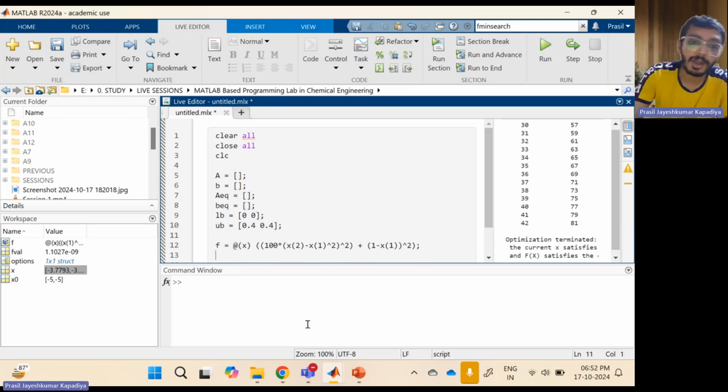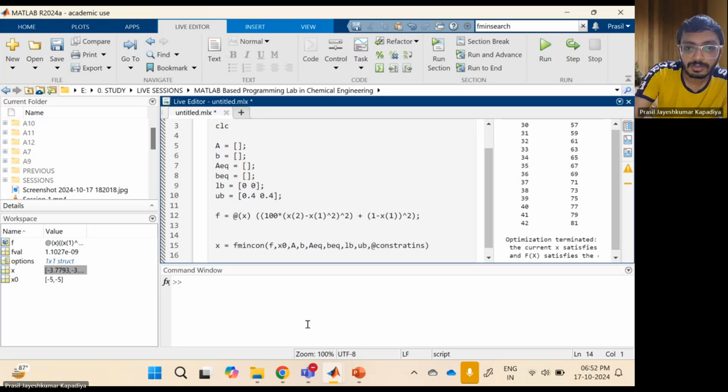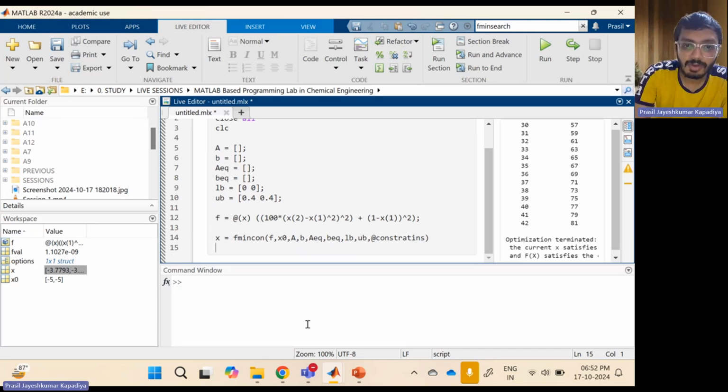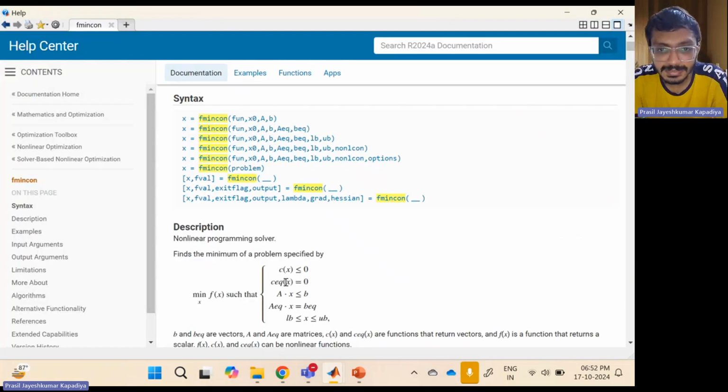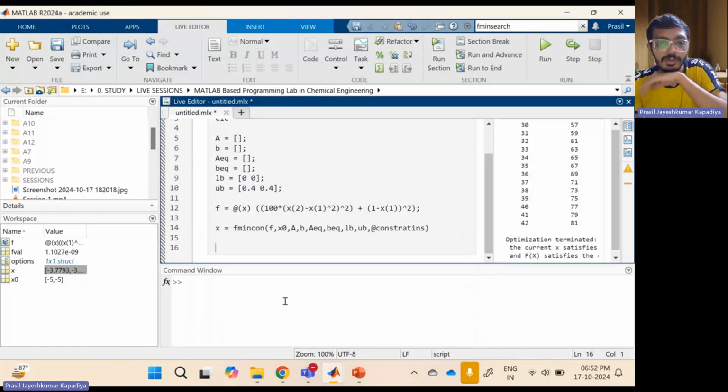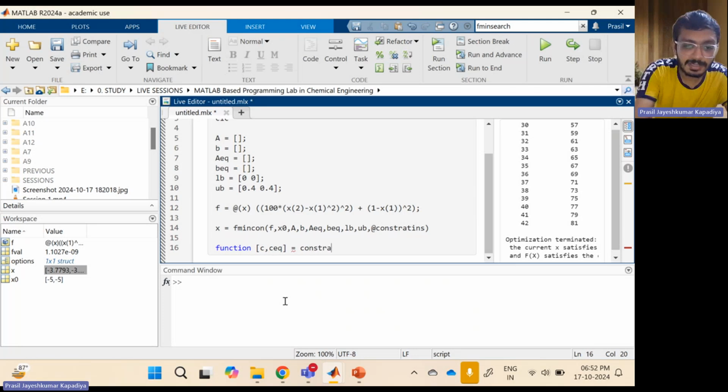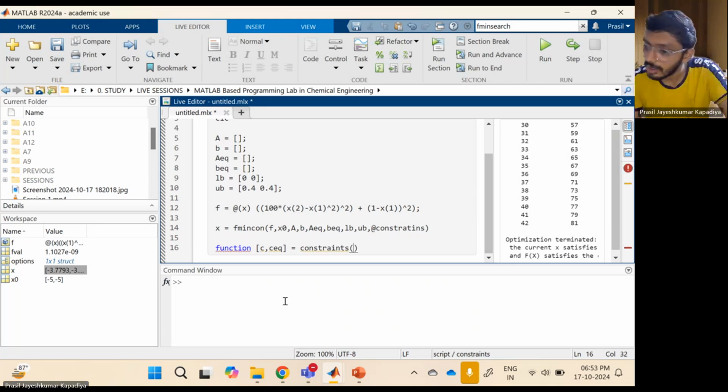Okay, and I have defined my equation. Now I need to write down this constraint function. What do we need from the constraint function? We need C and CEQ. So I will write it as a function: C comma CEQ is equal to constraints in x. Correct?